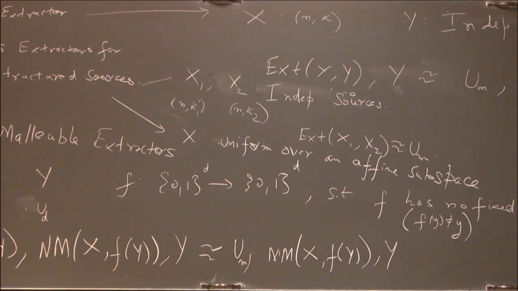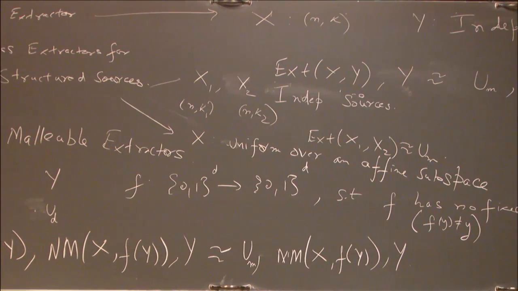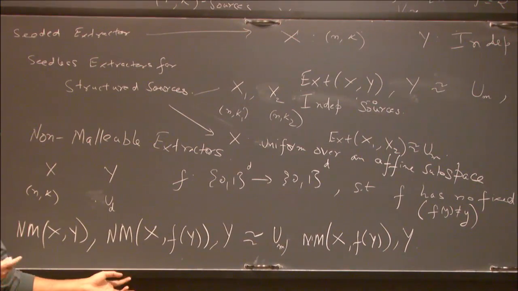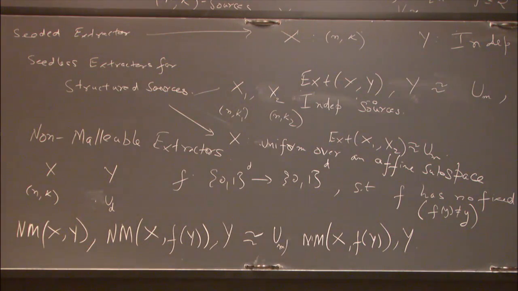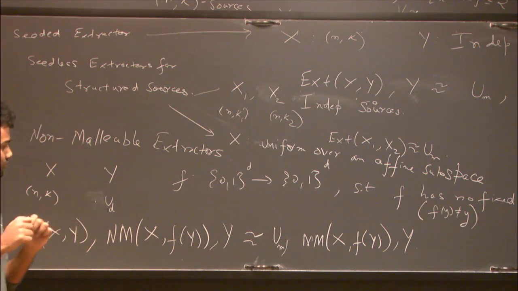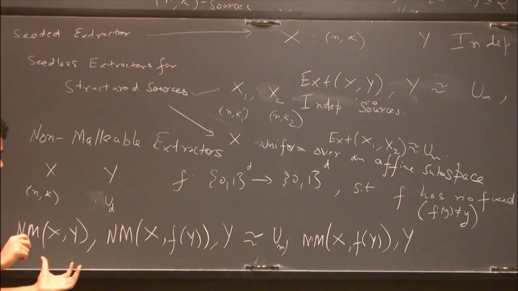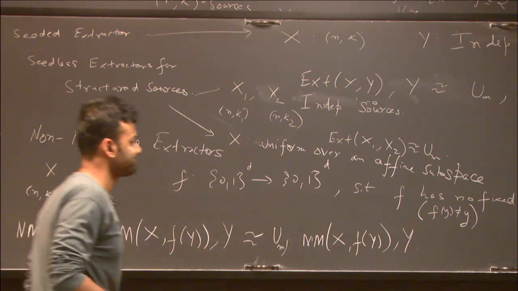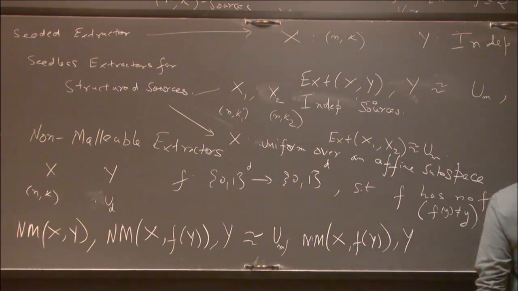There's another way of saying that this is a generalization of seeded extractors, because there's an equivalent formulation of non-malleable extractors: there's a large set of seeds, such that if you pick two independent seeds and look at the functions obtained by fixing the seed, these two functions are pairwise independent, essentially. Is this clear? So there is a large set of seeds.